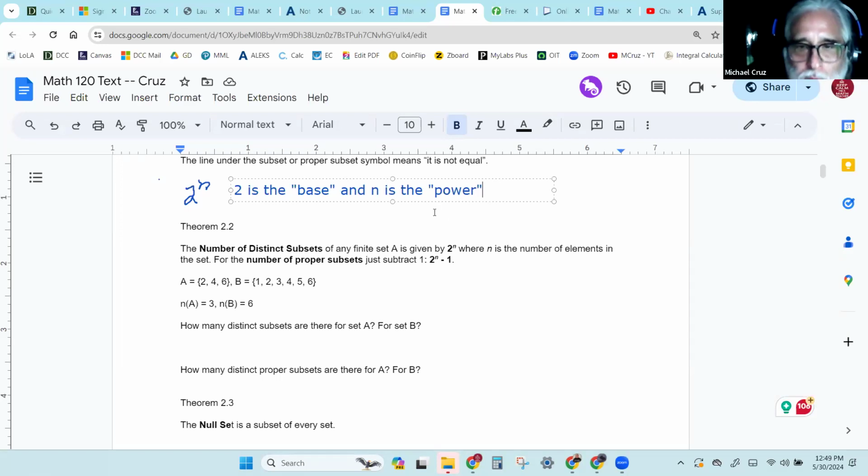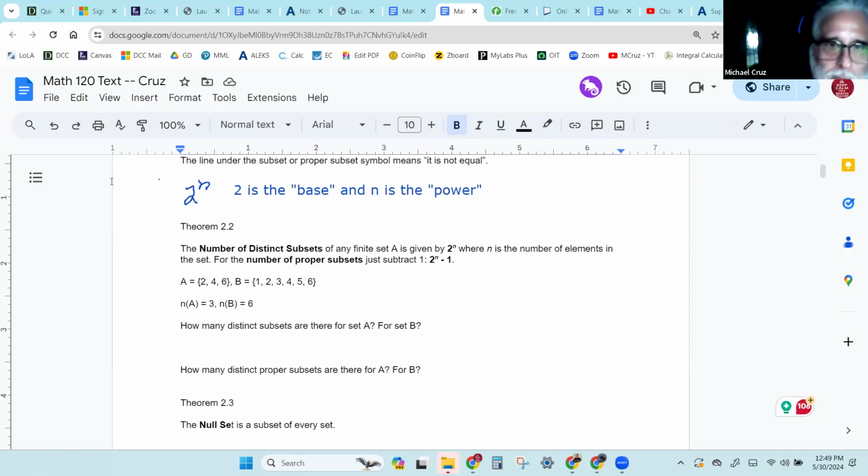I'll show you in a minute. I got a little chart around, but basically what that means is, depending on how many elements are in a set, and remember that's what n is, the count of elements in the set, then once you multiply it out, that's going to provide the number of subsets possible.